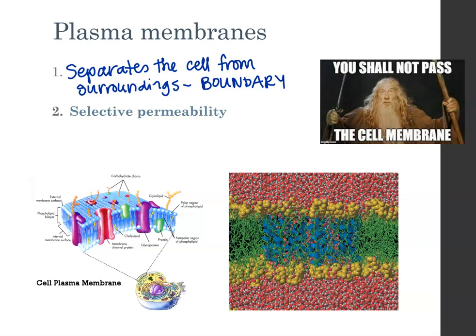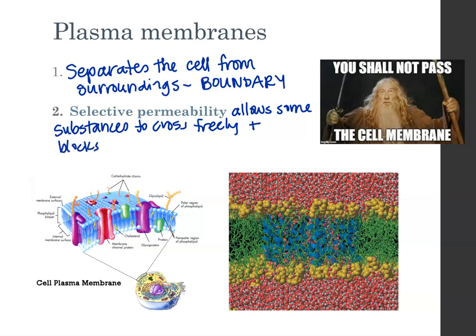Biological membranes have selective permeability, which means that it allows some substances to cross freely and blocks others, or just makes it more difficult for some to cross. So some molecules can just move right through that plasma membrane, straight across.